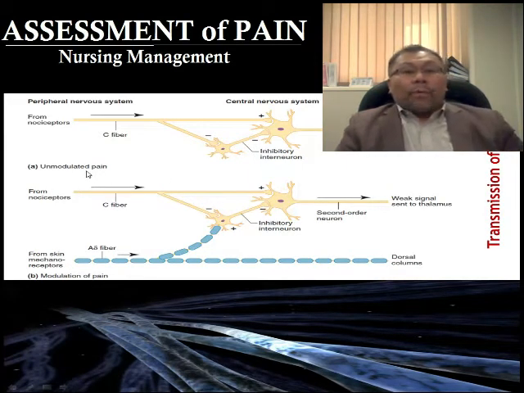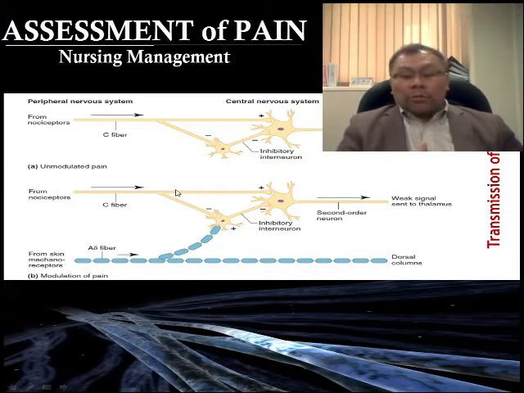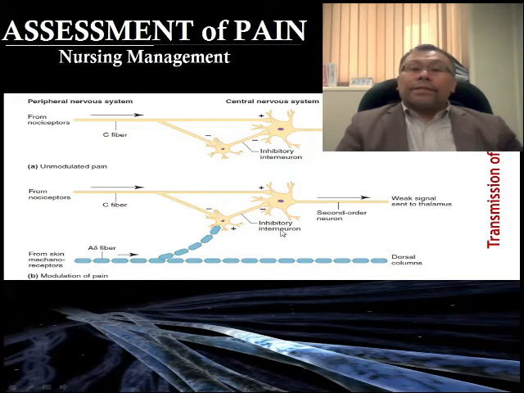And then we have the unmodulated pain. From nociceptors, it will go to the fiber, then to the inhibitory interneuron, down to the second order neuron, and then a weak signal is sent to the thalamus. Here, if the pain is from the skin mechanoreceptors, it will go directly to the A fiber, then to the inhibitory neuron, but go straight to the dorsal column.